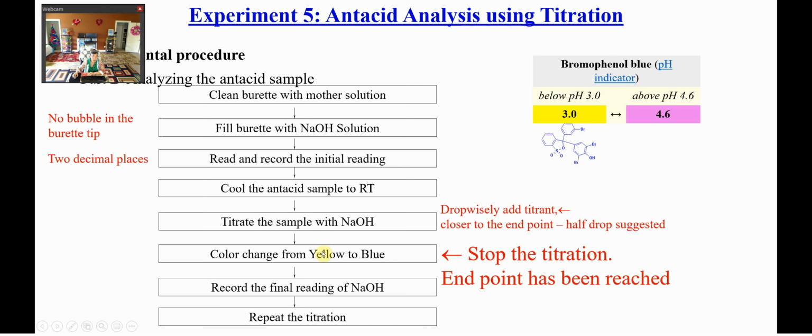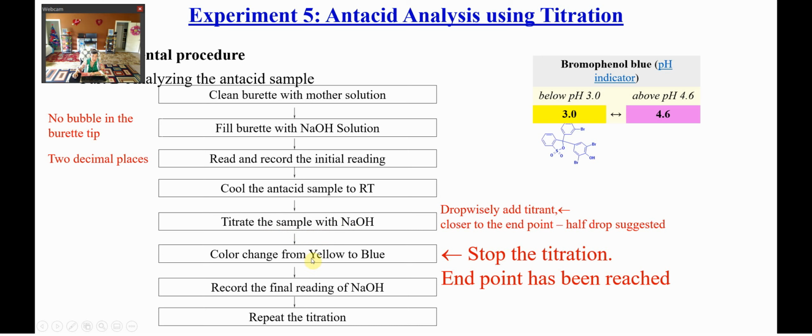From there, you go by the color change from yellow to blue for the indicator, possibly bromophenol blue, sorry for that, please double check. Then you titrate the sample with the sodium hydroxide.